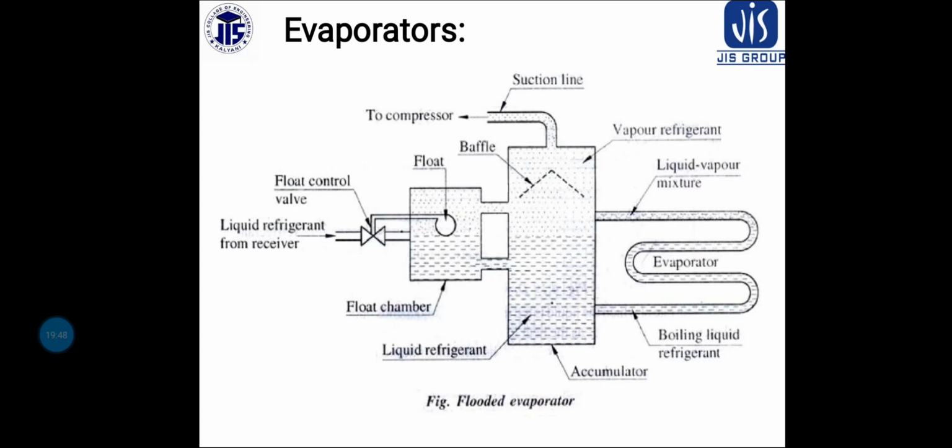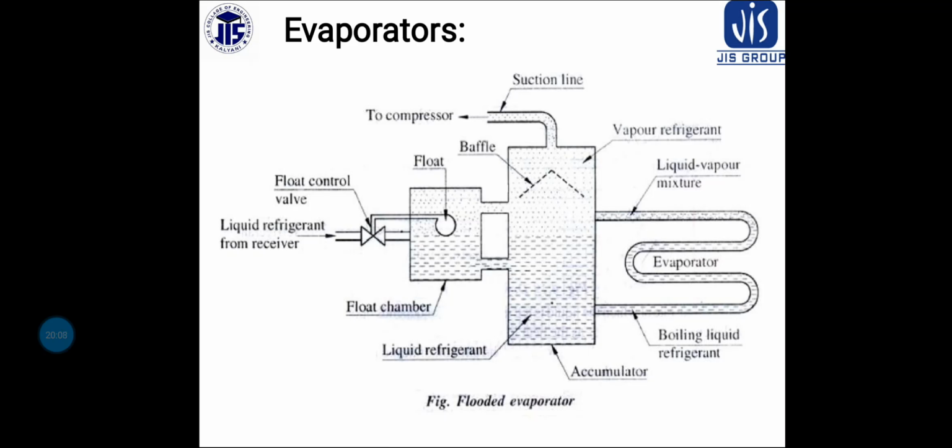Okay, so to prevent liquid carryover to the compressor, an accumulator is generally used with a flooded evaporator. The accumulator also serves as the chamber for the liquid level float valve.